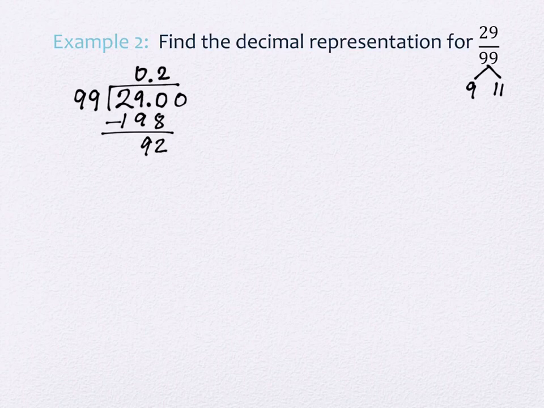Okay. We're going to bring the 0 down. How many times will 99 go into 920? It is 9. What's 9 times 99? 891. Okay.